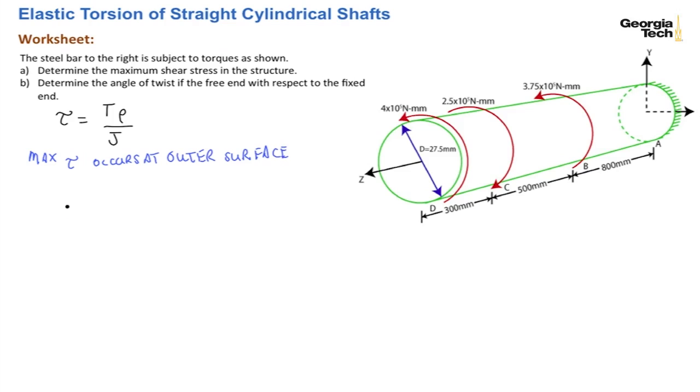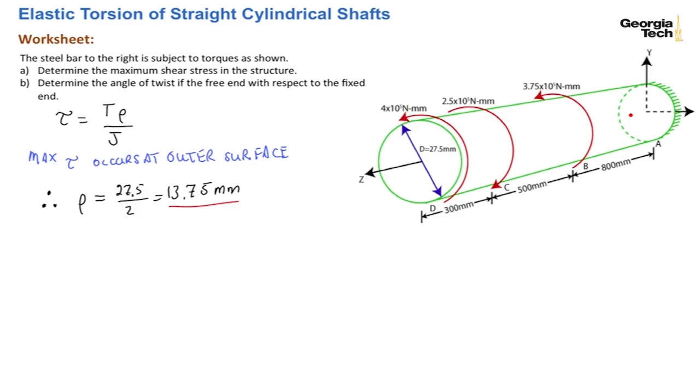And so therefore, in this case, the diameter is 27.5, so rho would be half of that. So it's 27.5 divided by 2, or 13.75 millimeters. And that stays constant throughout the entire length of the shaft because it stays at the same diameter.